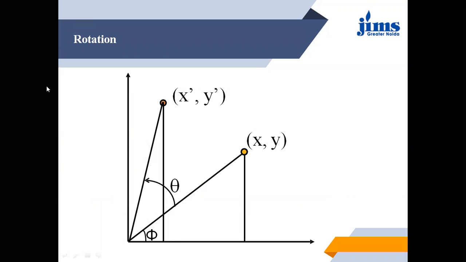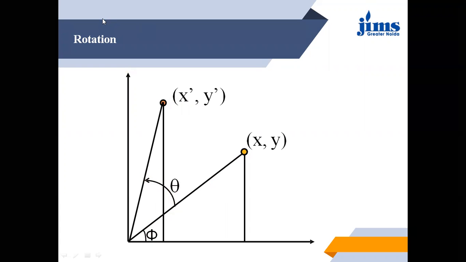This is the example I showed you, that we have to rotate this. This is the original point. We have to rotate this from here to here. Earlier it was at phi angle. Now we are rotating this with theta angle.